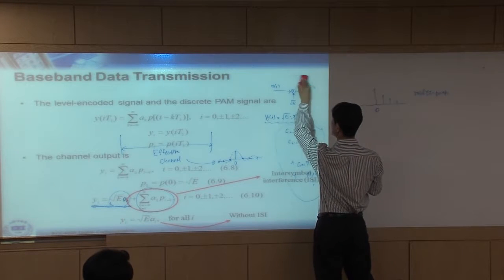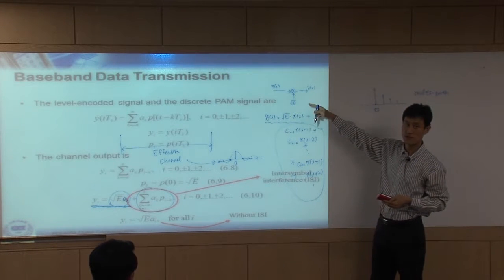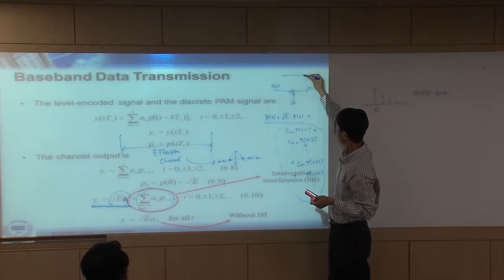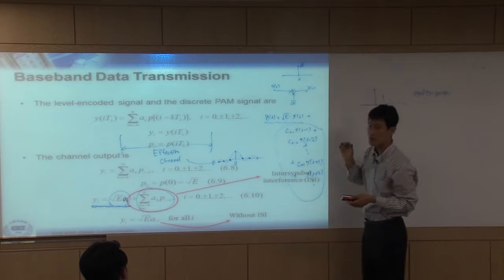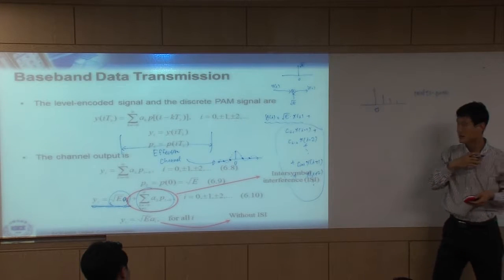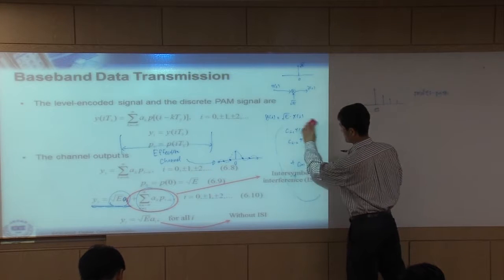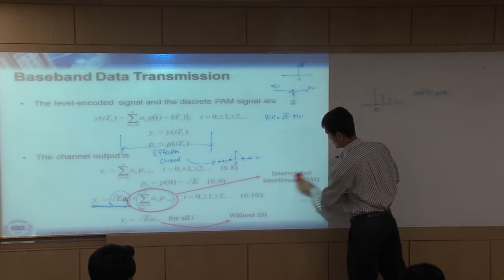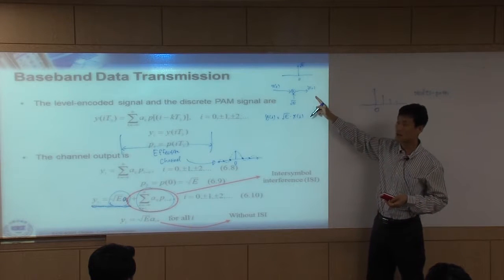When you look at the impulse response of this system, impulse response looks like this, right? Okay, it's hard to explain here. This is impulse response. This is a block diagram.